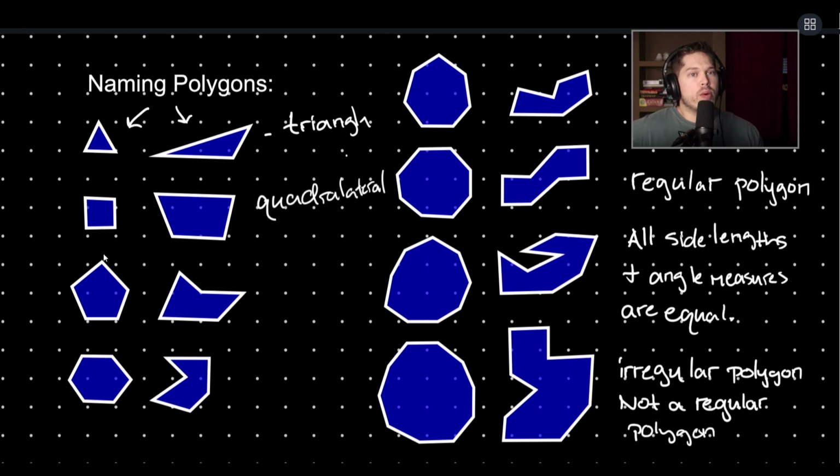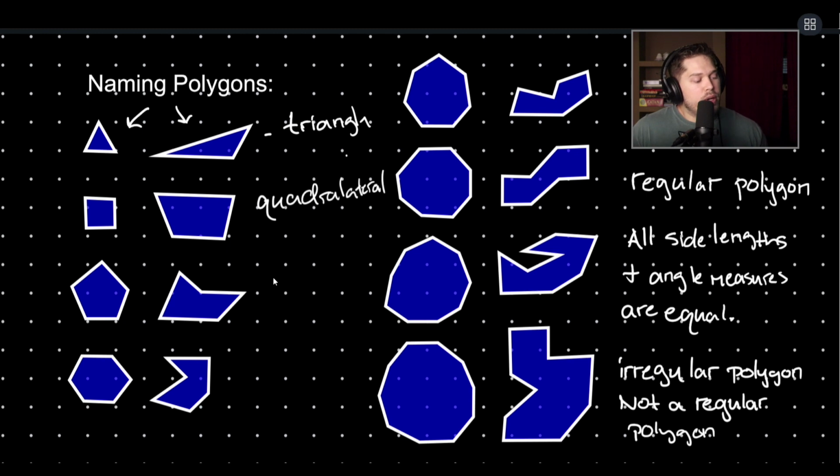And you're right, it is a square, but a square is a specific type of quadrilateral. Okay, the square is your regular four-sided polygon. It is your regular quadrilateral, okay? But just any four-sided shape that is a polygon is called a quadrilateral.